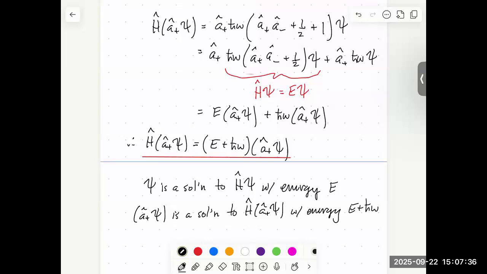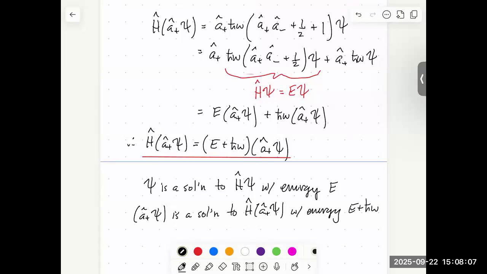And so what we've been able to do is, by taking one known solution, we didn't even have to write down what that solution was. We just presumed that there is a solution with some energy. Then we've figured out that we can generate another solution just by acting on the known solution with our A plus operator, and we get a state with energy E plus H bar omega.